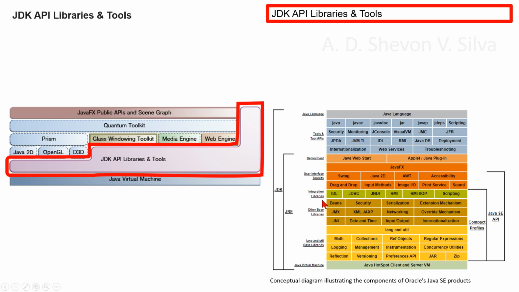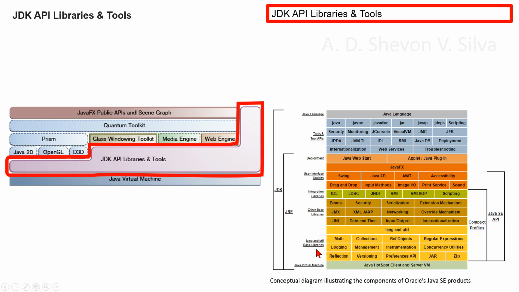Integration libraries: IDL, JDBC, JNDI, RMI, RMI-IIOP, and scripting. Other base libraries are Beans, security, serialization, extension mechanism, JMX, XML, JAXP, networking, override mechanism, JNI, date and time, input/output, internationalization.